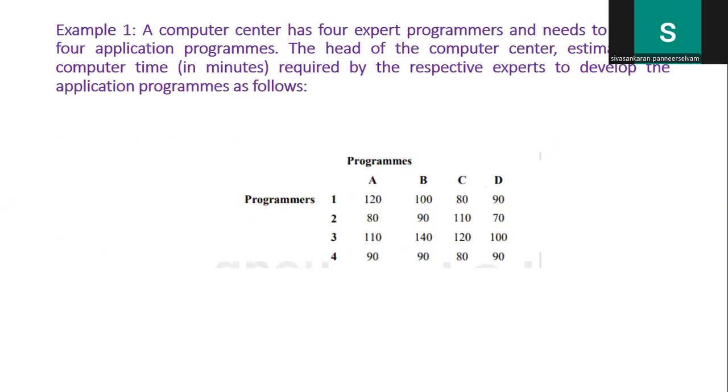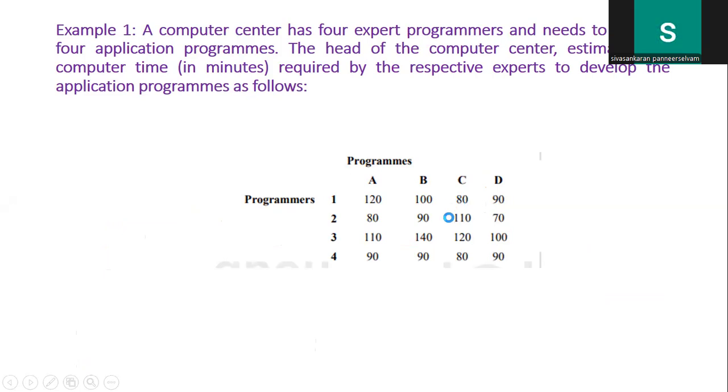By applying the Hungarian rule for the assignment problem, the first thing we need to do is identify the row minimum element. Here there are 4 rows and 4 columns in the table. Take the first row and identify the minimum element: 80 is the minimum value.